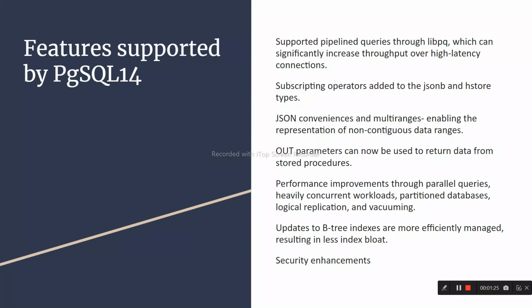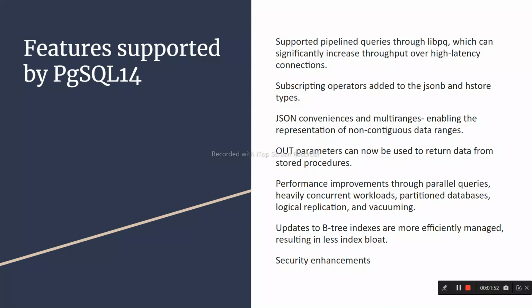Some of the features supported by PostgreSQL are listed here. It supports pipeline queries through libpq, which can significantly increase throughput over high latency connections. Subscripting operators were added to JSONB and hstore types. JSON conveniences and multiranges enable the representation of non-contiguous data ranges.